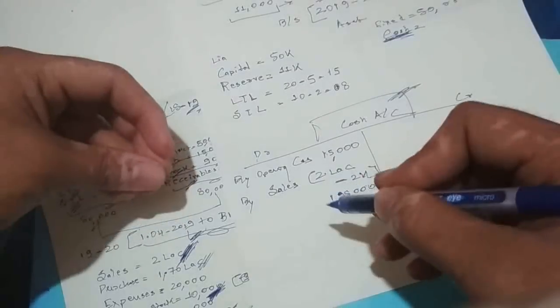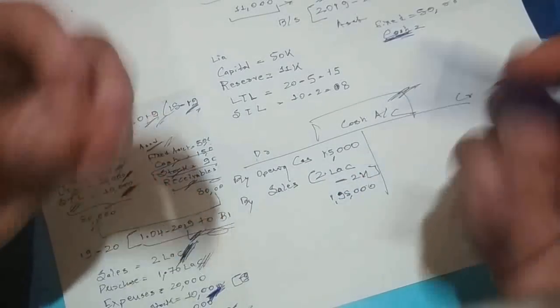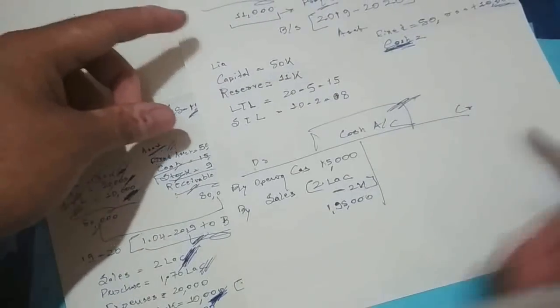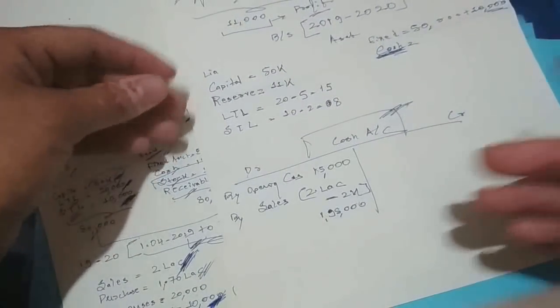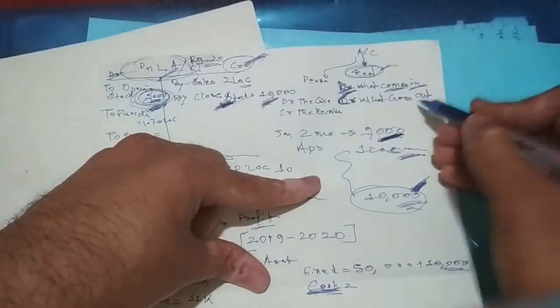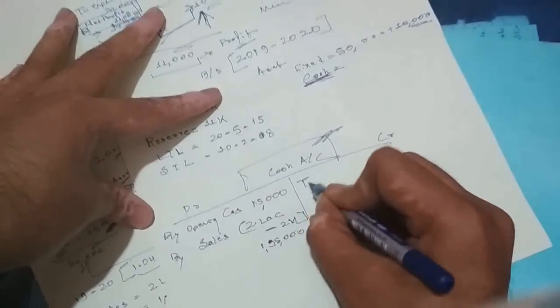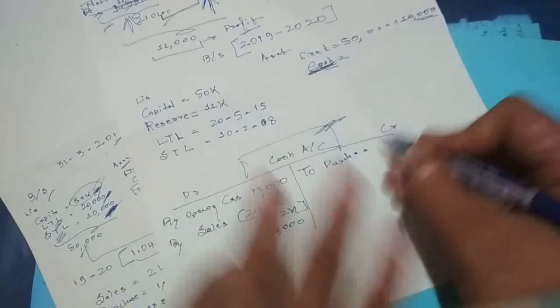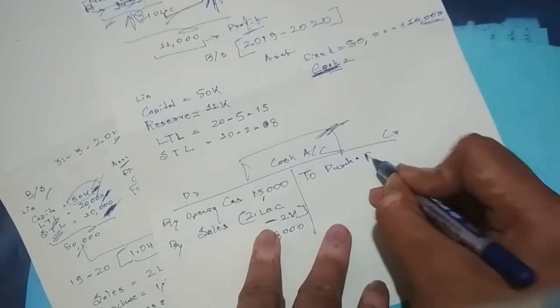Since we bought fixed assets, the cash will go out, then only the fixed assets will come, because we have to spend, then only fixed assets can be purchased. So what goes out is in the credit. So we have to write to purchase account, how much amount to purchase fixed assets?